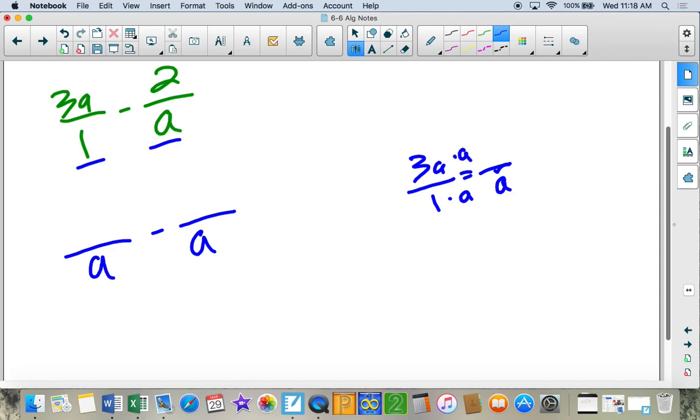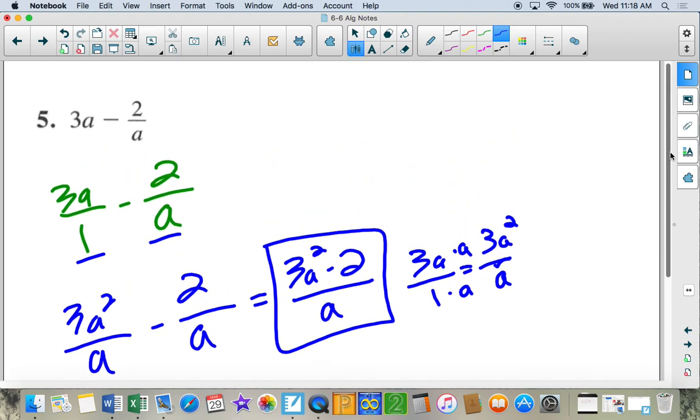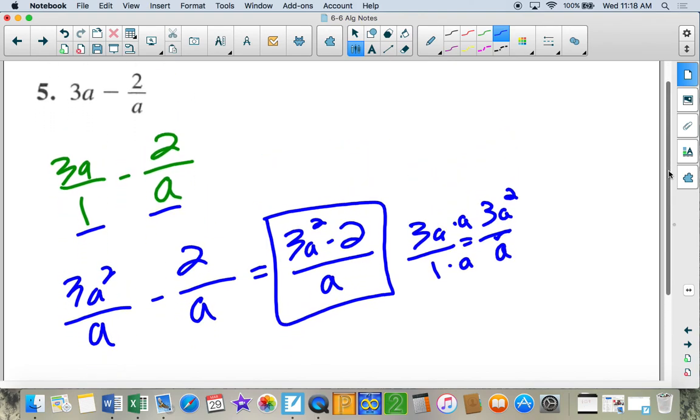We're going to multiply by a. We get 3a squared. That's going to stay the same. We have common denominators, so now we can combine their numerators. So 3a minus 2 over a simplifies to 3a squared minus 2 over a.